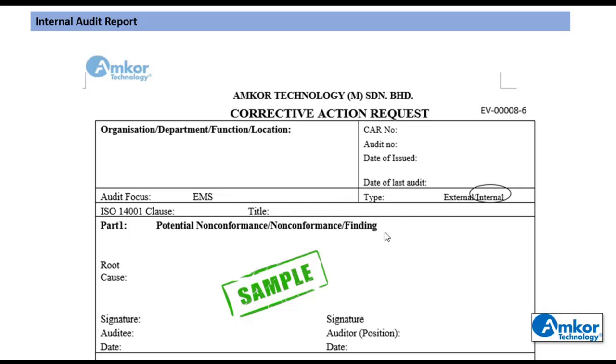Or there is a finding or issue that needs to be highlighted. Okay, and here you can see the root cause, and then the signature by the auditee, meaning the person who has been audited, and this is the person who conducts the audit, the auditor. This sample was taken from MCOT Technologies Sdn Bhd.